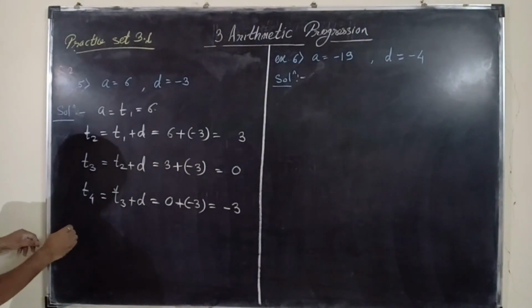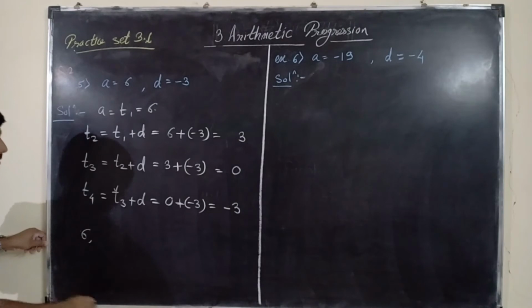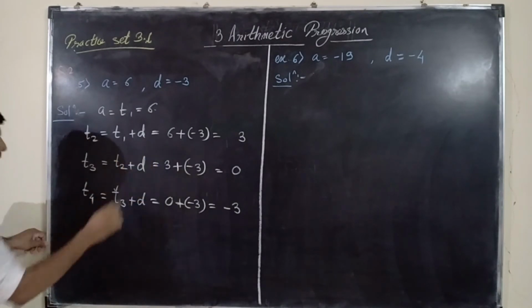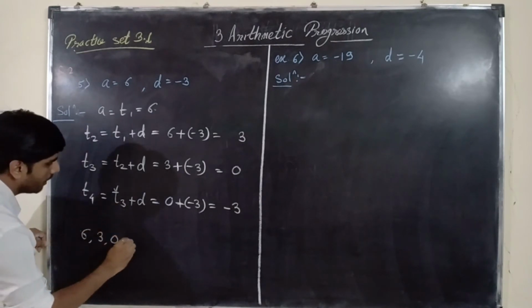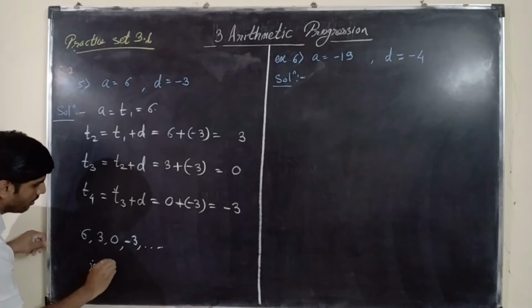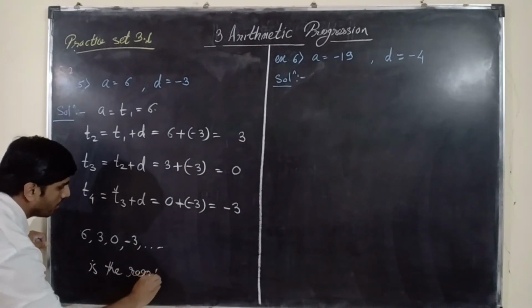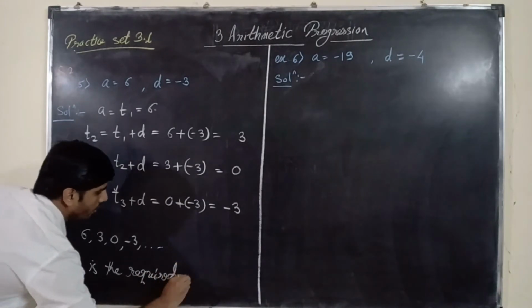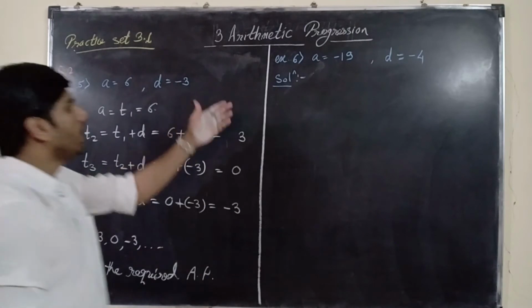And therefore we will say that first term, that is 6, second term is 3, third term is 0, fourth term is negative 3, and so on, is the required arithmetic progression. Now we start with sixth example.